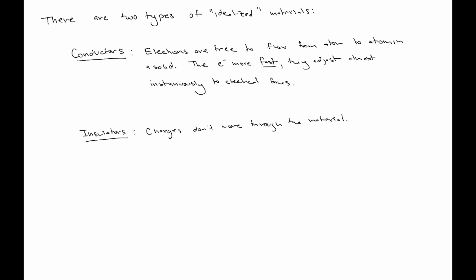They cannot easily flow from atom to atom, although charges can shift, which is what we call polarization. So I could bring a charged object near an insulating object, and I could actually push, for example, the electrons further away from the surface of that insulator and create a little area of polarized charge.